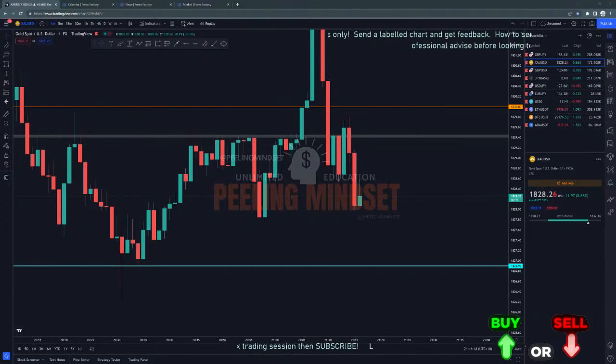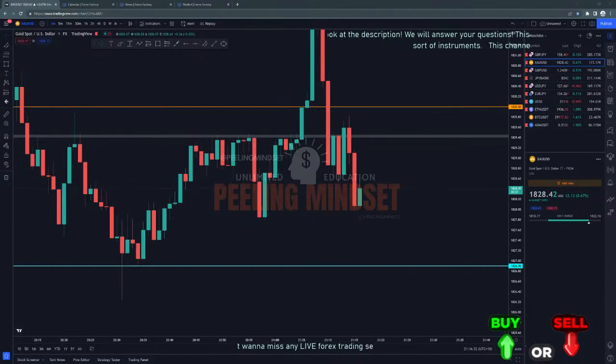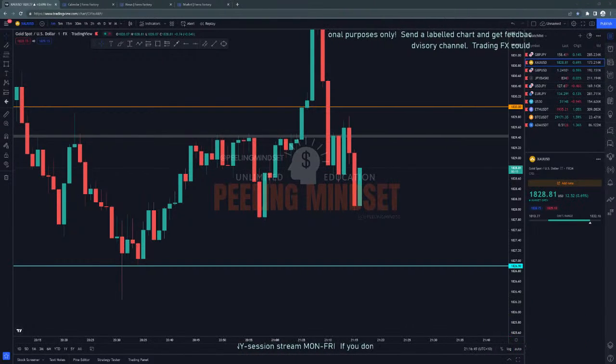Or maybe if it's ranging, just ranging super duper rangy. I think it's better to wait for a candle to close below 30 minutes support for sells.